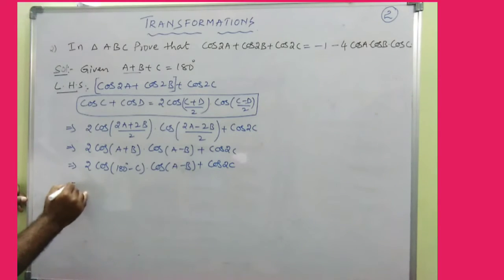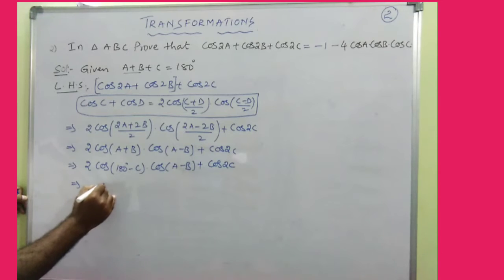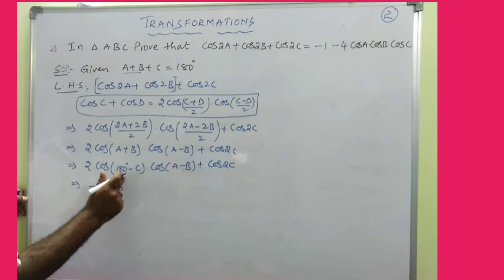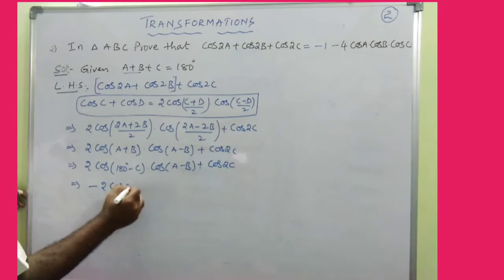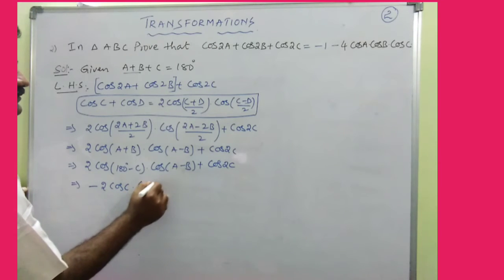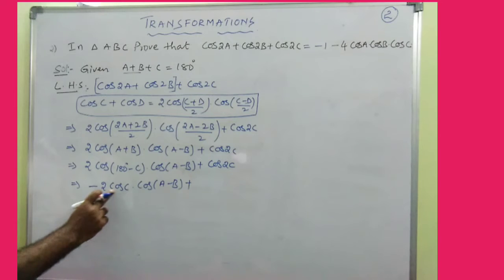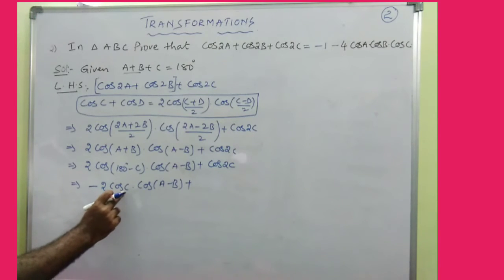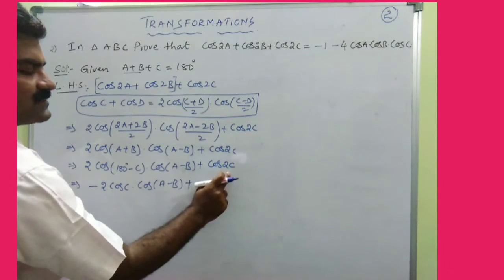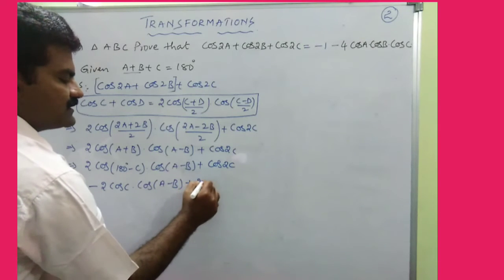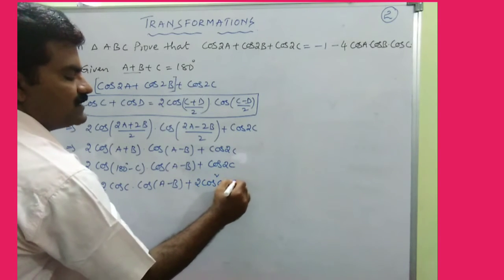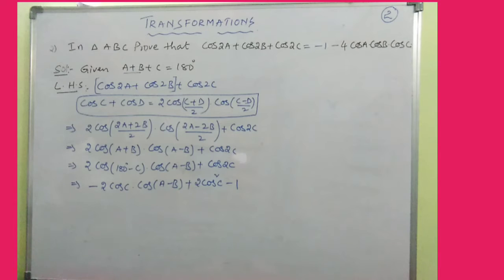Okay, now you know this is minus 2 cos C, because of 180 minus theta, second quadrant, cos is negative, into cos of A minus B plus, now you see my dear, since there is a 2 cos C, let us express this also in terms of cos, that is, can I write it as 2 cos square C minus 1, we can take 2 cos square C minus 1 actually, isn't it?